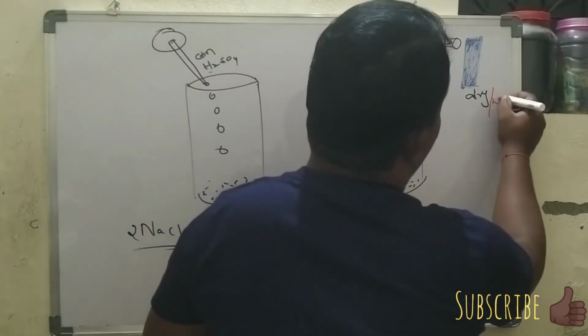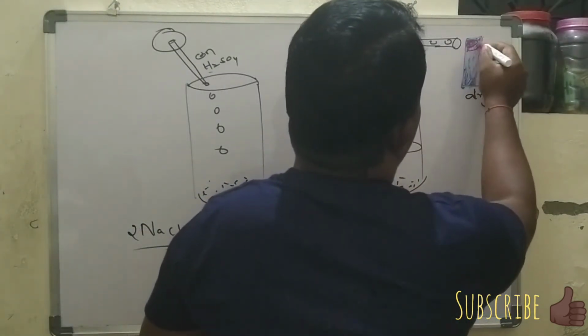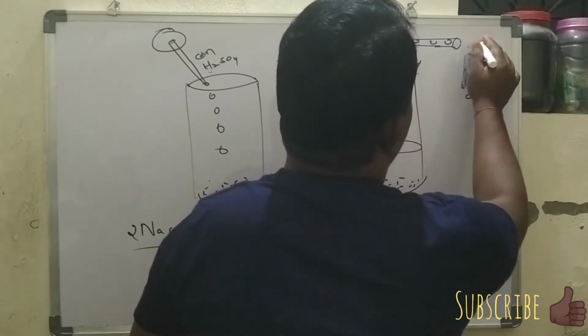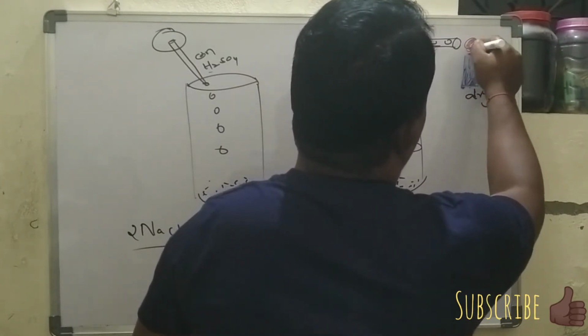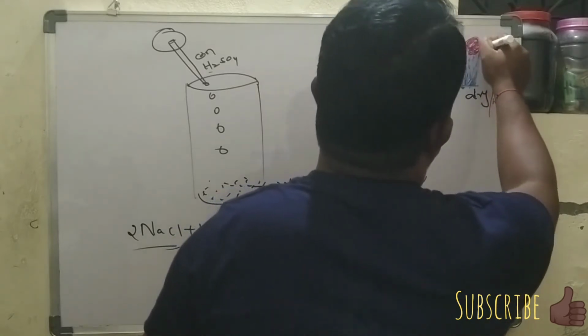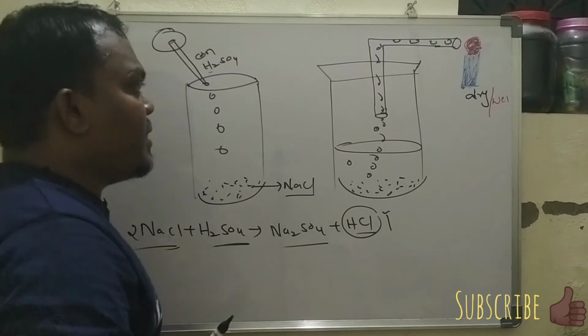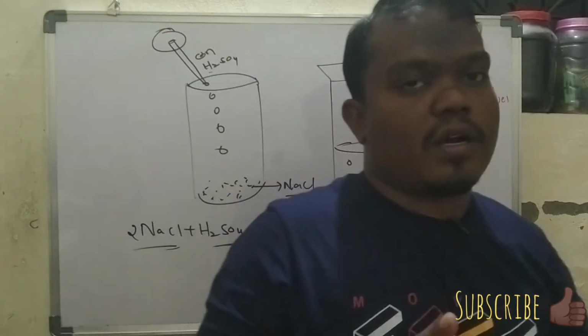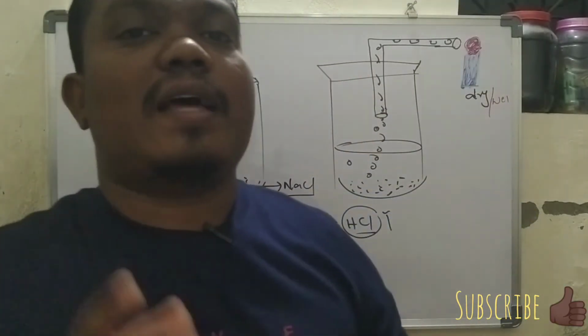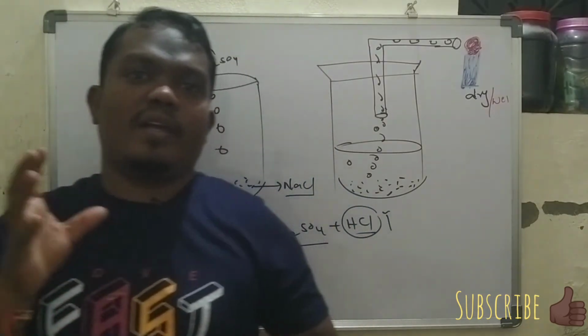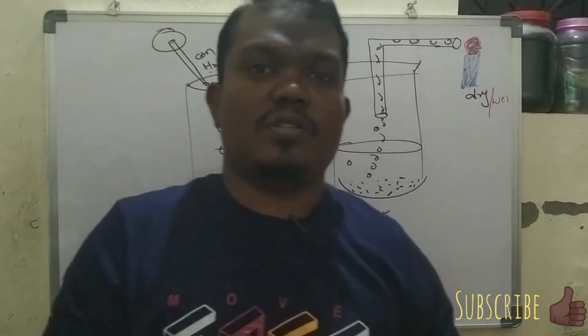When I take wet litmus paper, the blue litmus turns into red color. That means we can conclude one thing here: when the acid is present in water, it produces H plus ions.